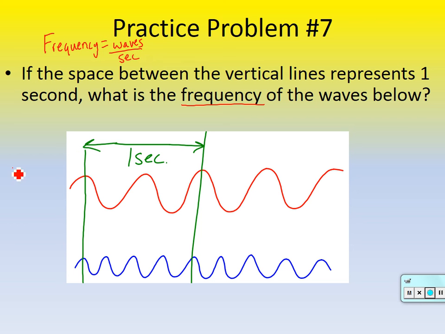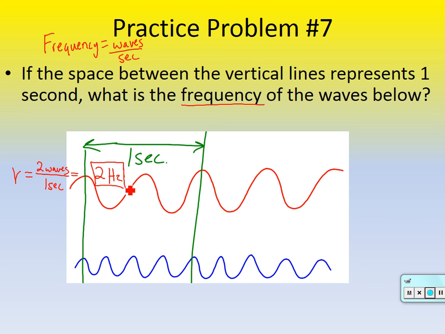So what would the frequency be for this top one? How many waves went by in 1 second? From peak to peak, that's 1 wave, right? So there's 2 waves divided by how many seconds? 1 second. What's the frequency, guys? 2. 2 what? What's the units for frequency? Hertz. It's that funny one. It's 2 hertz.